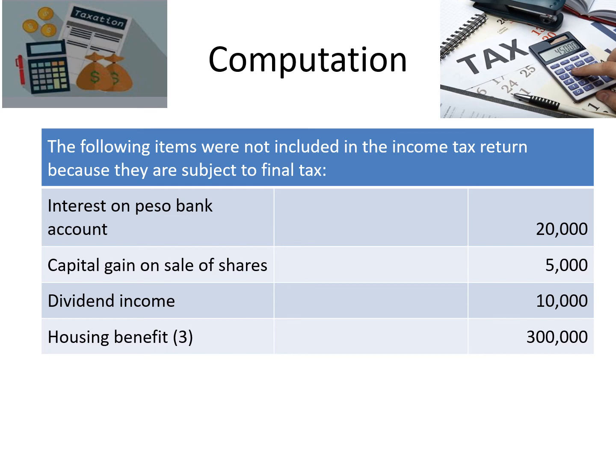For example, for the interest in the peso account, if it's less than 5 years, then your interest income would be deducted at source withholding of 20%. Same with your capital gains on sale of shares and dividend income and housing benefit. These are already final tax deducted, meaning what you would usually receive are already the net amount.